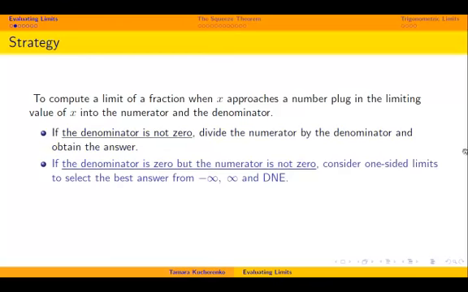If the denominator is 0, but the numerator is not 0, consider one-sided limits to select the best answer from negative infinity, positive infinity, and does not exist.